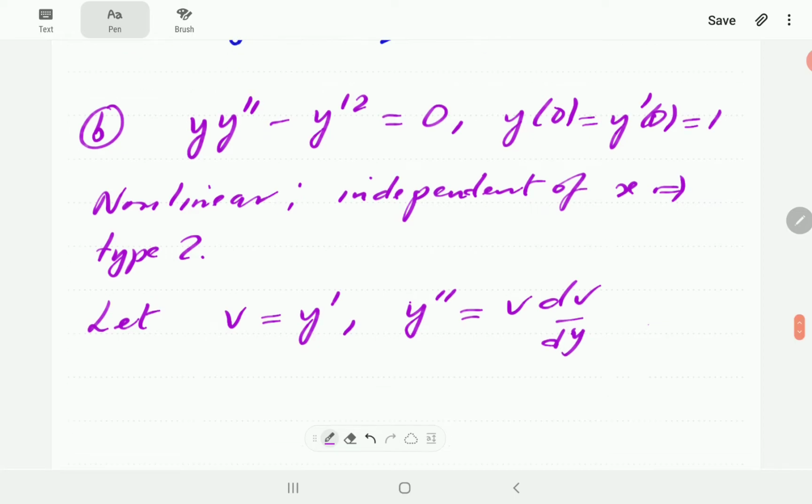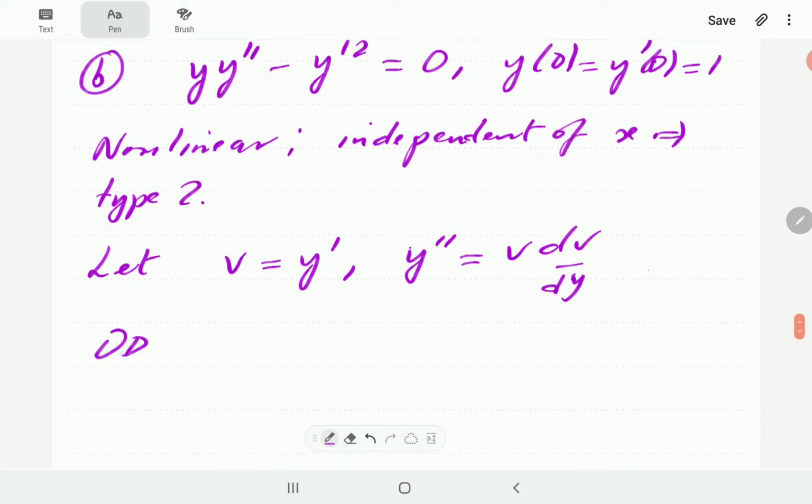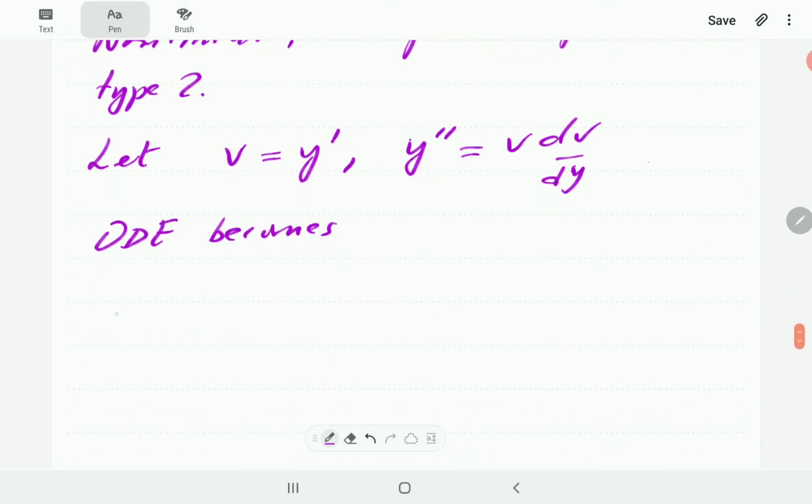So when we substitute, the ODE is going to be, in the first term there's y, then y double prime is going to be v dv dy, then minus y prime squared is just going to be v squared, equal to 0.